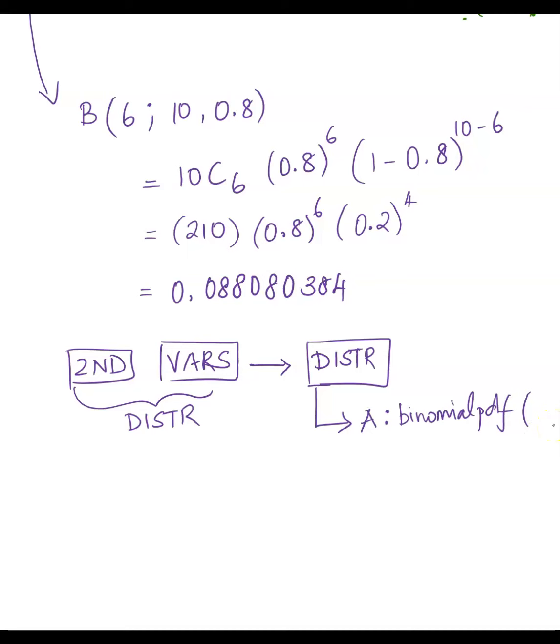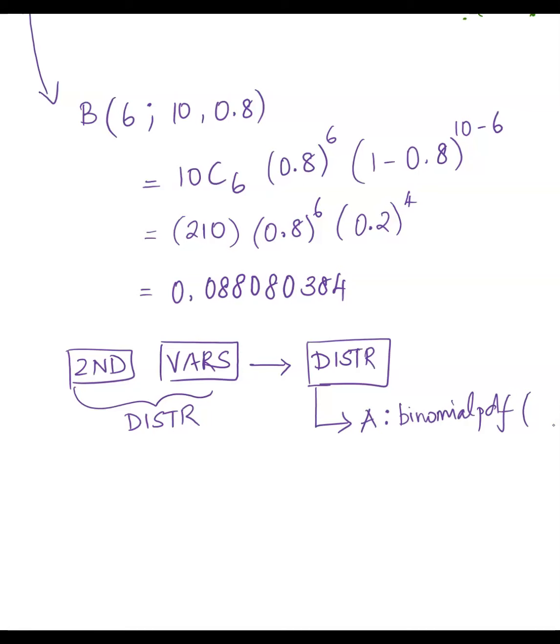There's another one, it says Binomial Cdf. We can't use that here because PDF is probability density function, CDF is cumulative density function. So if you are looking for an exact number of successes, like number 6, then you'll use PDF.